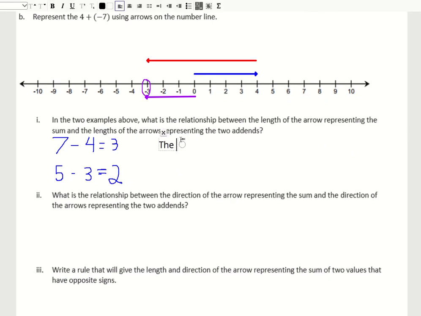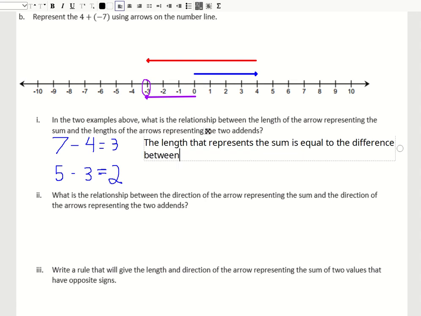So the length that represents the sum is equal to the difference between my longer arrow and my shorter arrow.